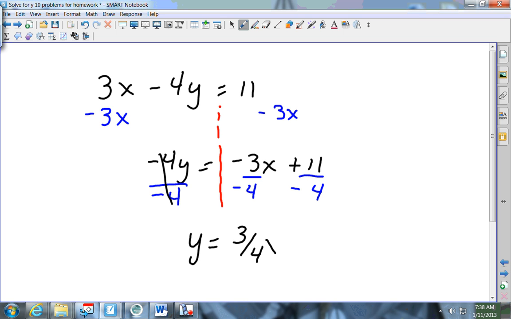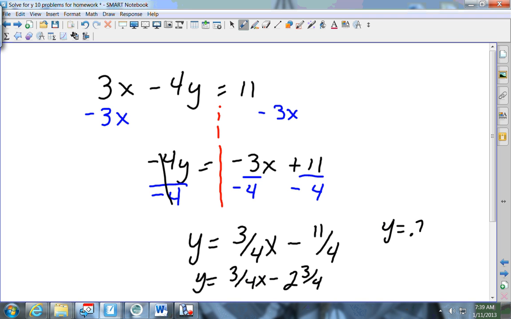That's as low as it goes. 3 divided by 4. A positive divided by negative is a negative. This one doesn't come out real nice. You can leave it as 11/4, or 2 3/4 as a mixed number. There's many ways you could have written that. It could be y equals 0.75x minus 2.75. That one's just not very friendly to graph.